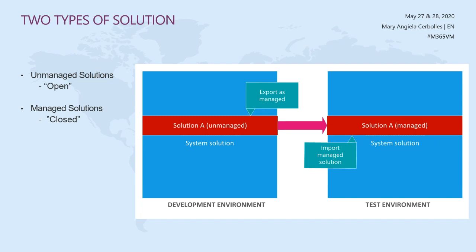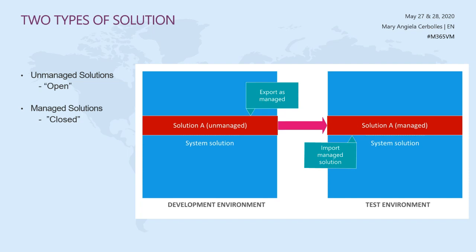In the solution, there are two types of solution. One is the unmanaged solution. This is used for development, and it allows you to customize your components inside your solution. The other one is the managed solution. This is used when you're going to deploy to your test environment or UAT and production environment.